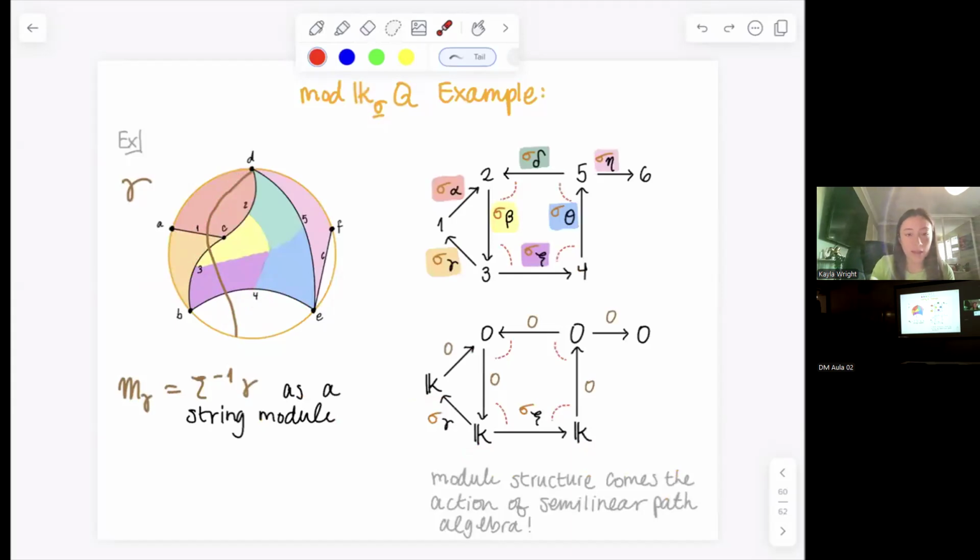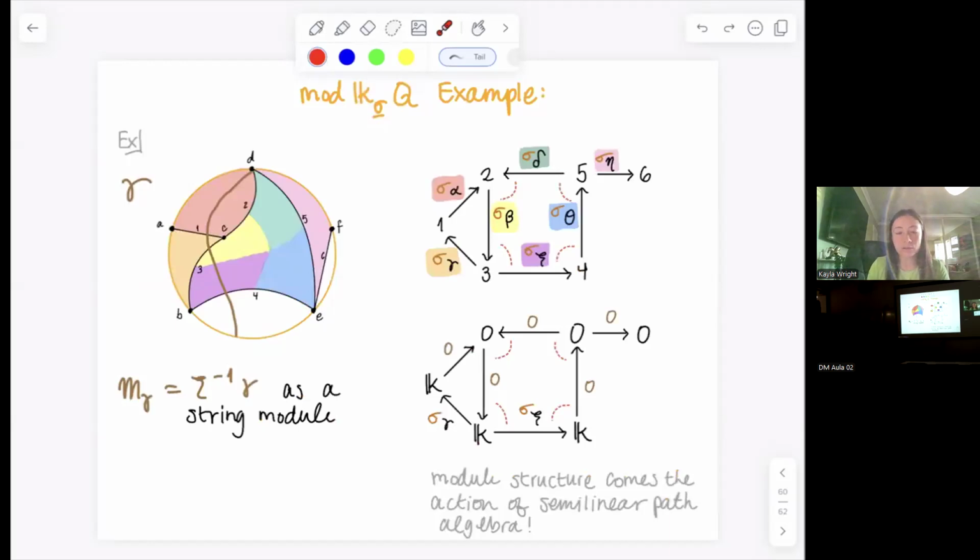And then the way that gamma is crossing the arcs is going to tell you what the maps will look like here. Since these are nice one-dimensional things, you can think that these are the identity map, but we had all of these automorphisms that are on our arrows here. So the module structure that we endow these things with will come with this action of the semilinear path algebra.